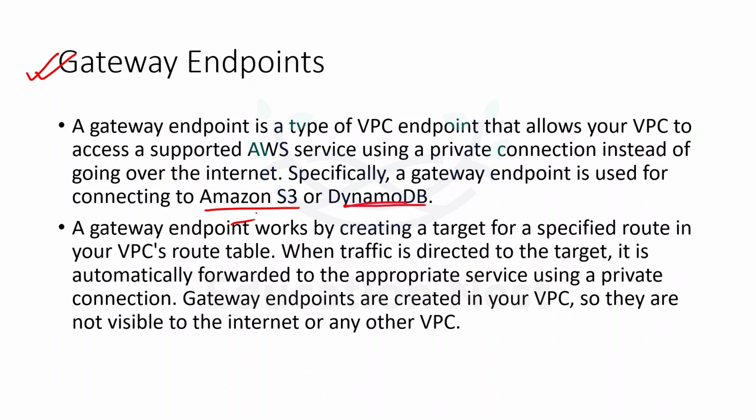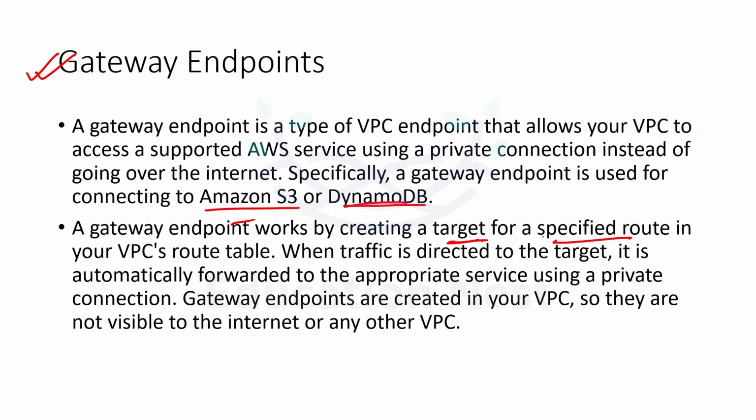When we discuss the difference between interface and gateway, we will also understand the difference in pricing between the two. When you create a gateway endpoint for S3 or DynamoDB, the traffic to those services from your VPC is automatically routed through the endpoint without the need for an internet gateway or NAT. Because it is routed through the endpoint, we have to create a route table entry.